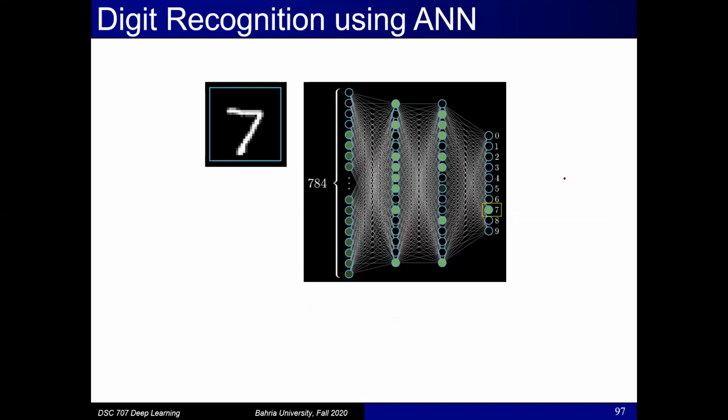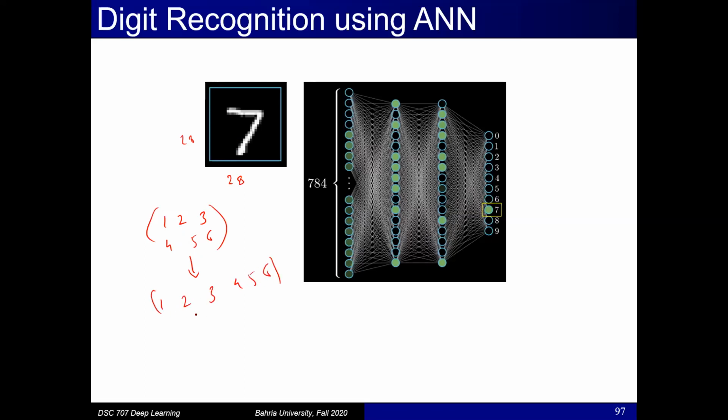Okay, so we'll design a neural network. As I told you, the neural network input is one dimensional and this image is two dimensional, with 28 rows and 28 columns. So first we need to flatten it. Flatten means that suppose I have a matrix like this, 1, 2, 3, 4, 5, 6, I need to convert it into a vector. So I can do it like 1, 2, 3, 4, 5, 6.